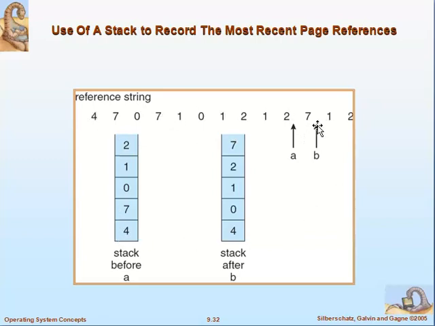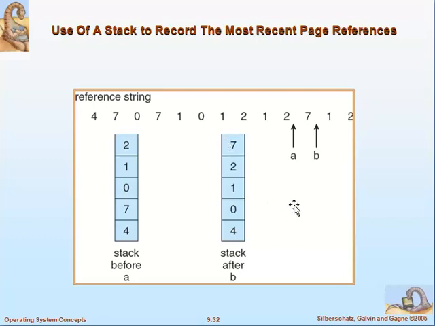Then there is a request for page 7. When page 7 is requested, 7 becomes the most recently used page, so it goes to the top, and all these values get pushed down. So we have 7, then 2, 1, 0, 4.